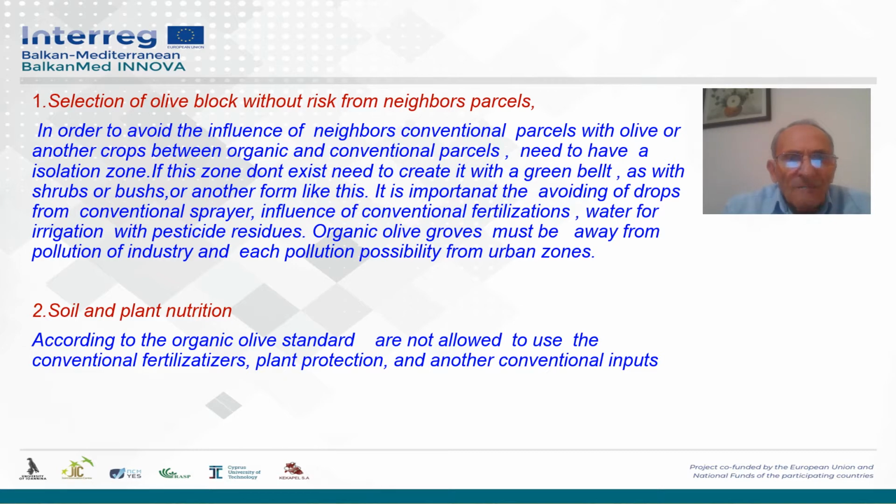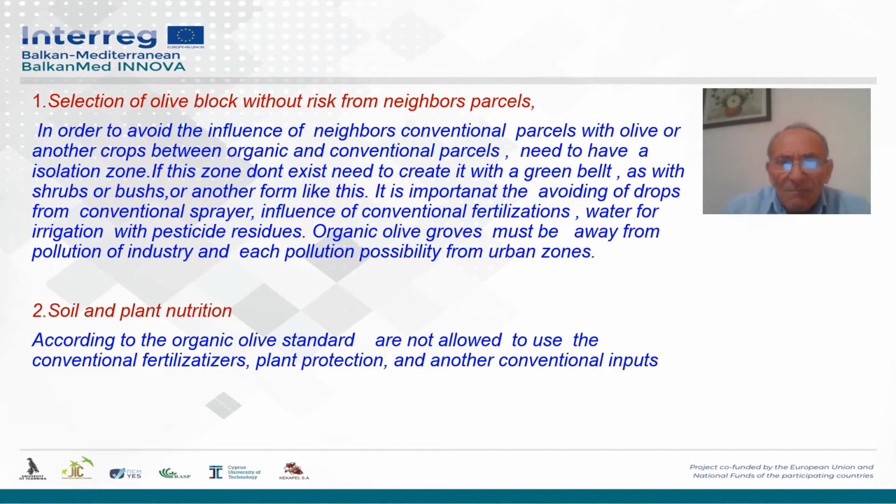Selection of an olive block without risk from neighbors' parcels. In order to avoid the influence of neighbors' conventional parcels with olive or other crops, between organic and conventional parcels we need to have an isolation zone. If this zone doesn't exist, we need to create it with a green belt, such as shrubs or bushes or another form like this.